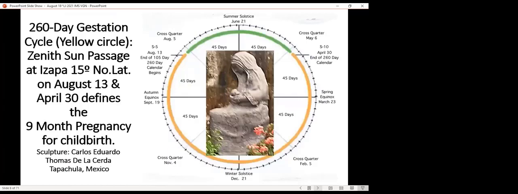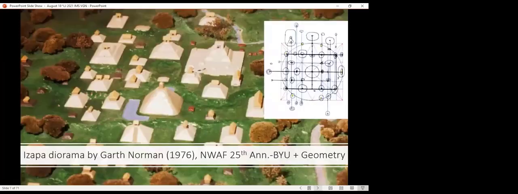The 260-day gestation cycle is represented on this calendar circle by the yellow, from measuring these dates from August 13th to April 30th for 260 days. The green at the top then is the remaining summer season of the year. This is an ancient 9-month pregnancy for childbirth, the important creation of man, we can say, like nowhere else.